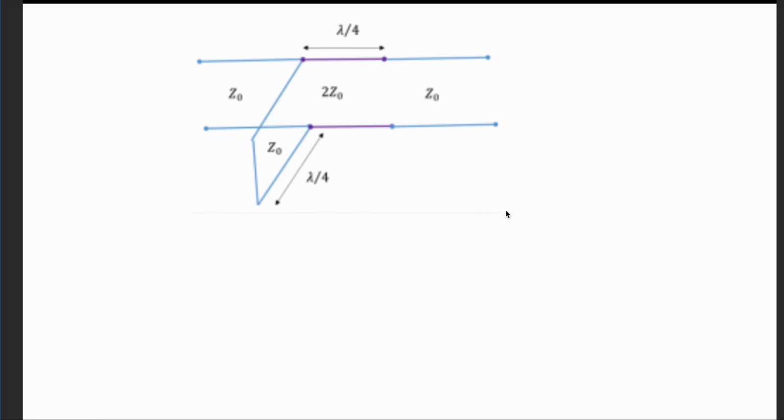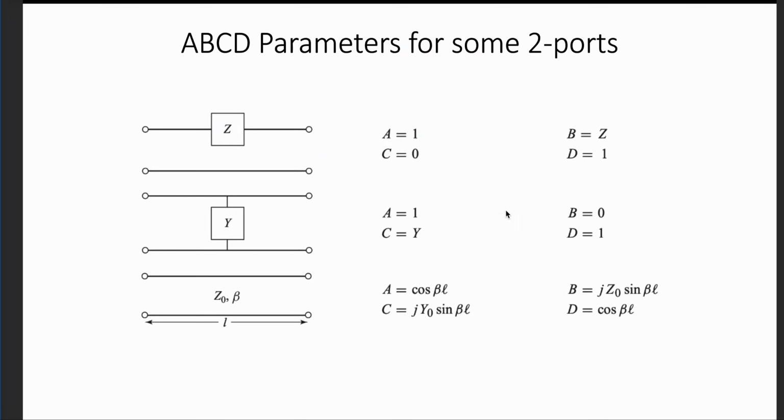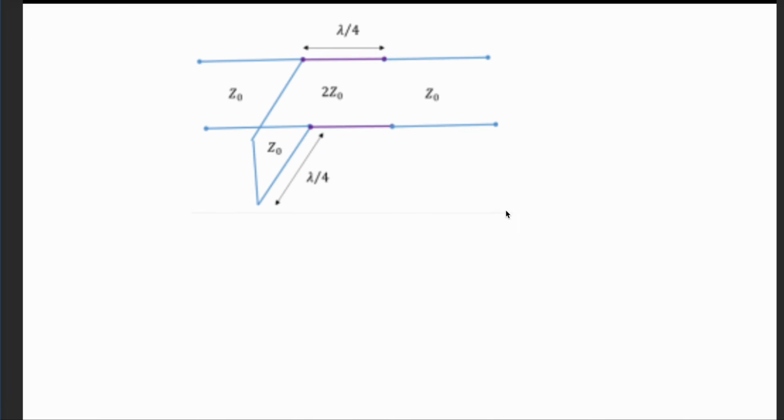Okay, so now after this, let's come to this part. This is one of the problems from last year's assignment. Here you need to calculate the ABCD matrix.